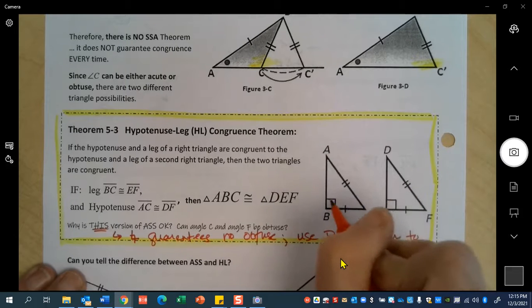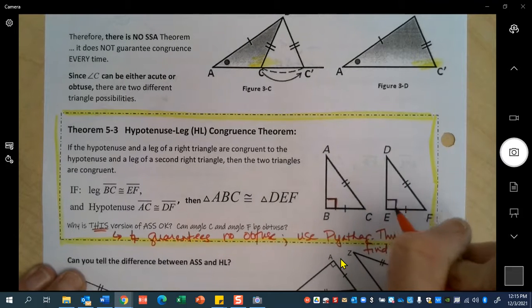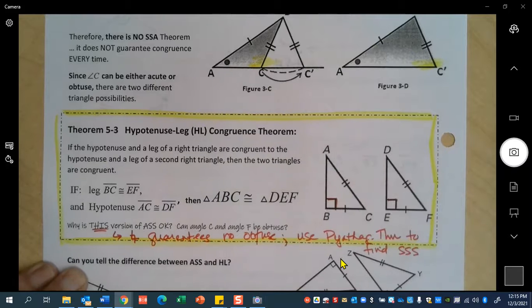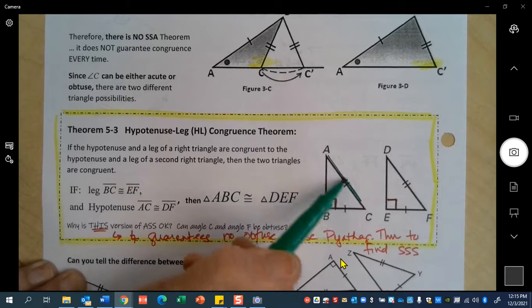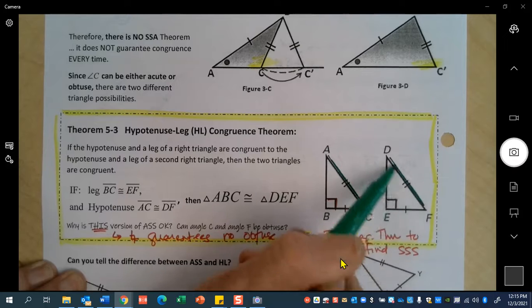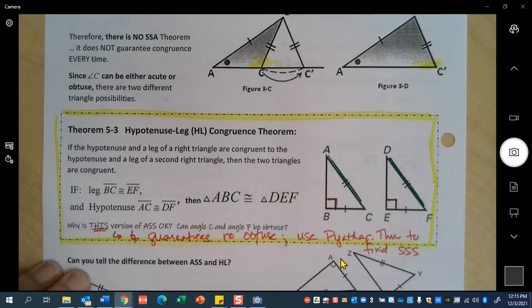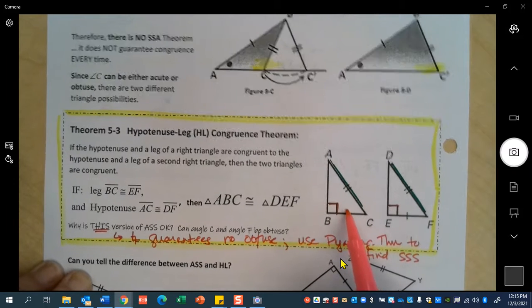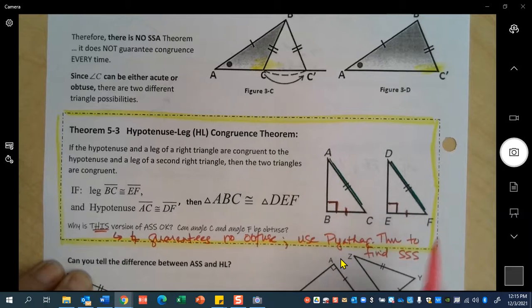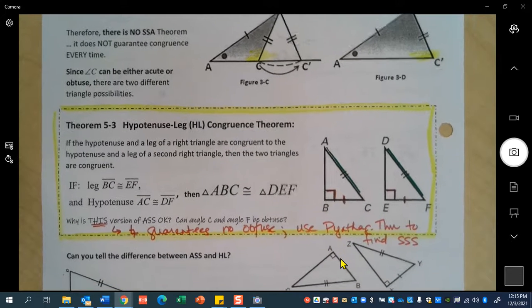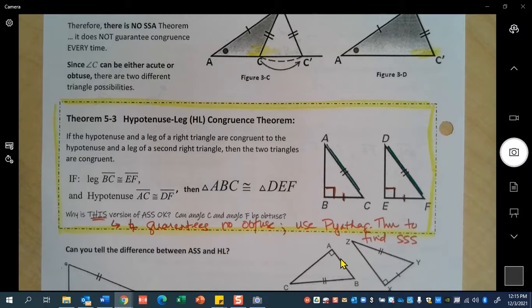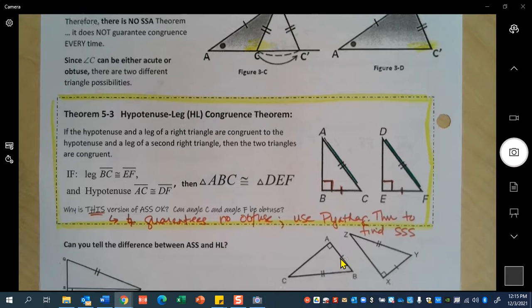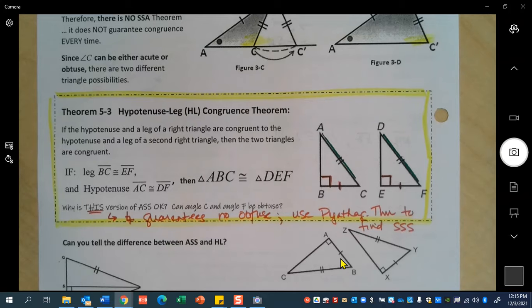If you know the hypotenuse and one of the legs of a right triangle, here's my hypotenuse, and here's one of my legs. It doesn't matter which one. If you know that the hypotenuse and one of the legs is congruent to the hypotenuse and the leg of the other triangle, then you can go ahead and say that they are congruent.